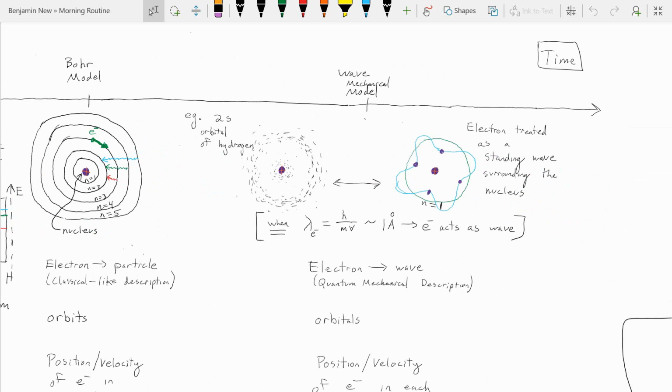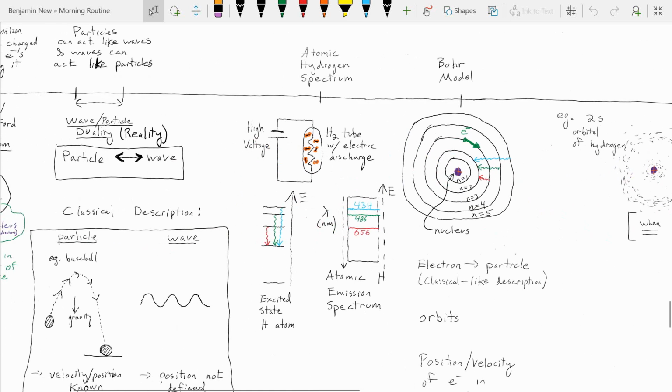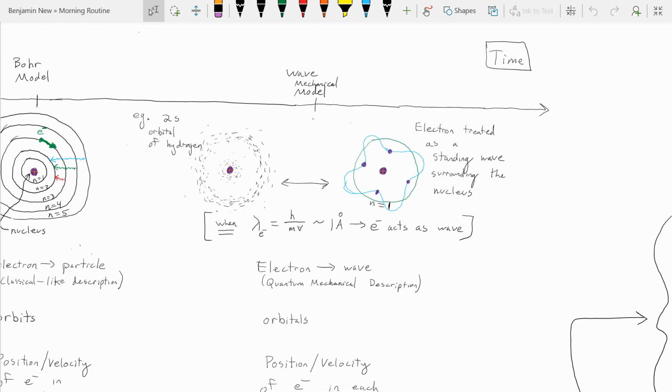De Broglie, within that wave particle duality research, came up with an equation which allows you to determine the wavelength, or the wave property, of a particle, called the de Broglie wavelength, which is here.